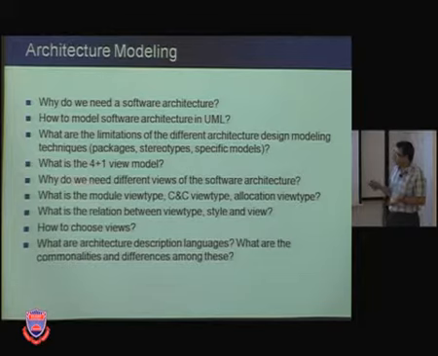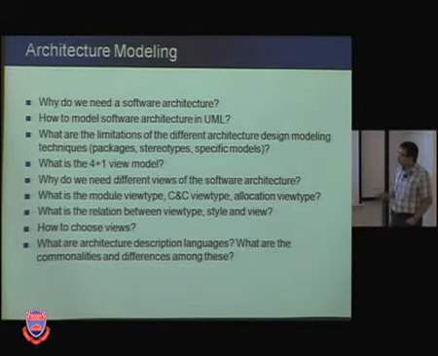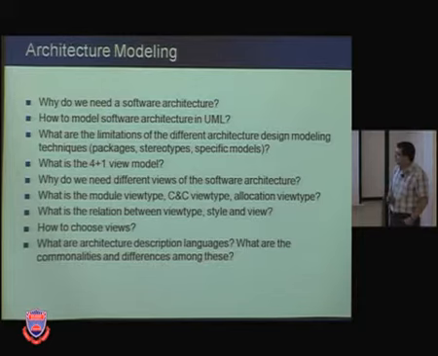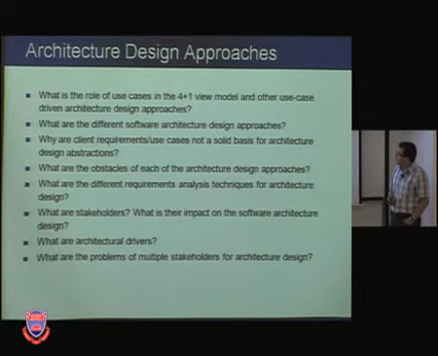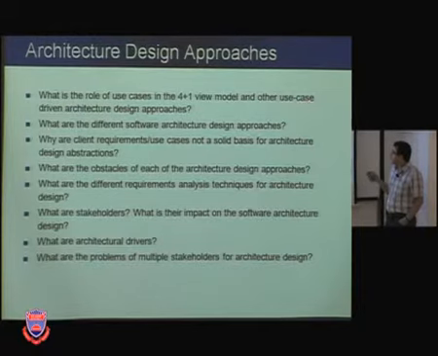What is the 4+1 view model, why do we need different views, what are the different view types, what is the relation between view type, style and view, and how to choose views? What are architecture description languages, and what is common and different among these? What is the role of the use case in the 4+1 view model and other use-case-driven architecture design approaches?